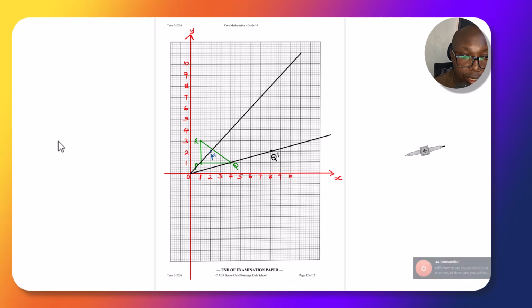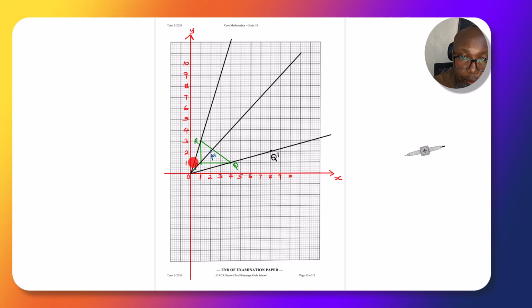So now the last one is R. You join R to the center of enlargement like that, and make sure you extend that line completely, and then count the distance from the center to R. How many squares are these?